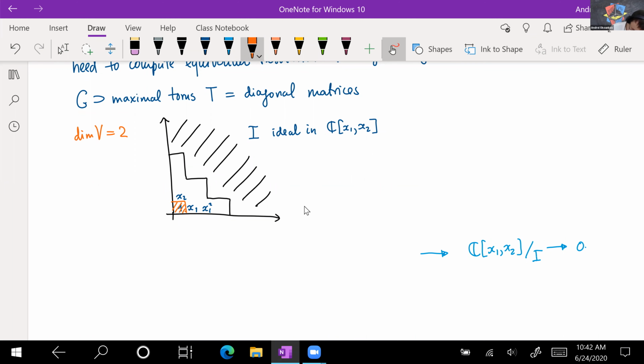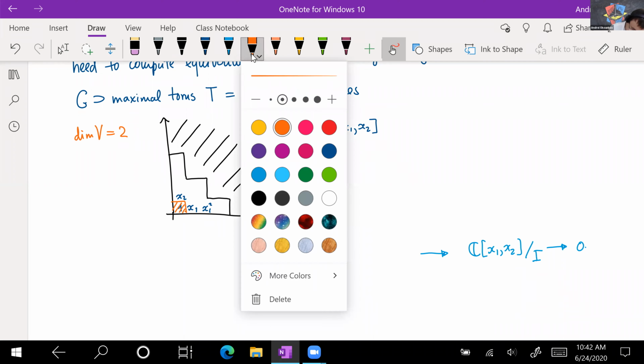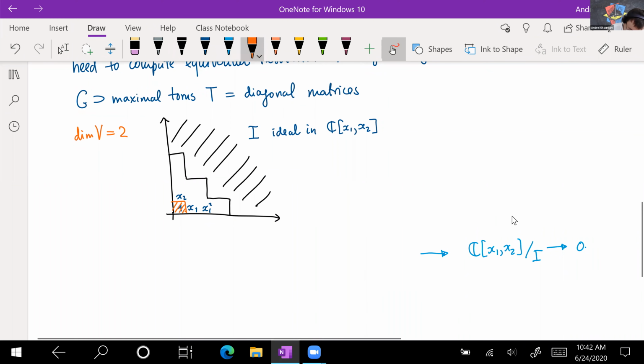That generates the whole ring. So this is my ring, and we'll just call this ring R. And so there's R times this generator.